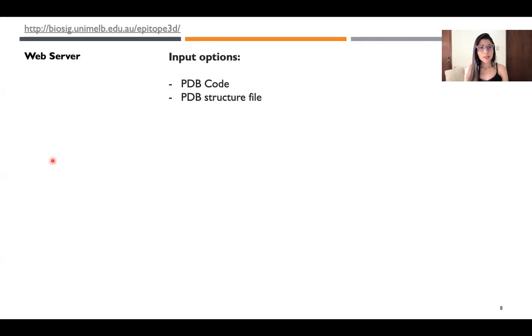And to end the presentation, I would like to inform that our predictor is already available as a friendly web server in which the user can upload the protein structure file or just inform its PDB code.